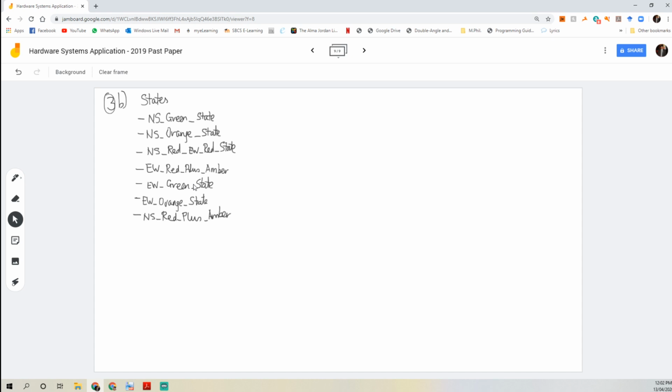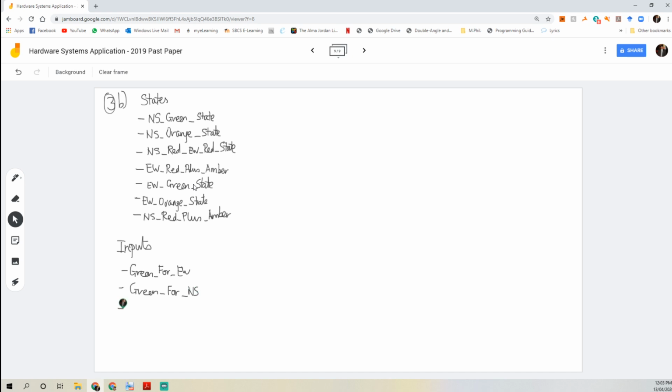So now I'm going to start. Actually, hold on. Before we look at that, what are the inputs to this system which will cause a transition? Well, we know that our signals green for east-west and green for north-south are going to cause transitions because that is what triggers each set of lights to become green, right?